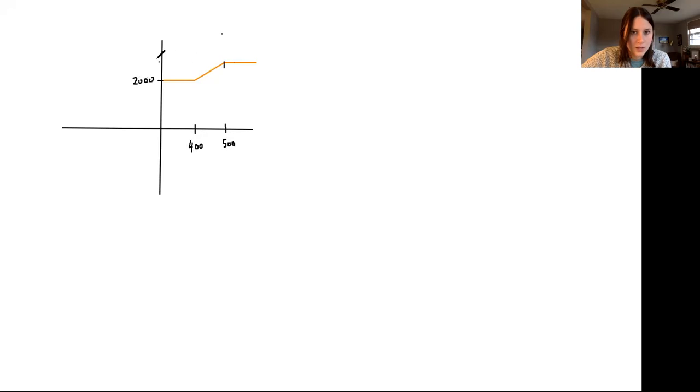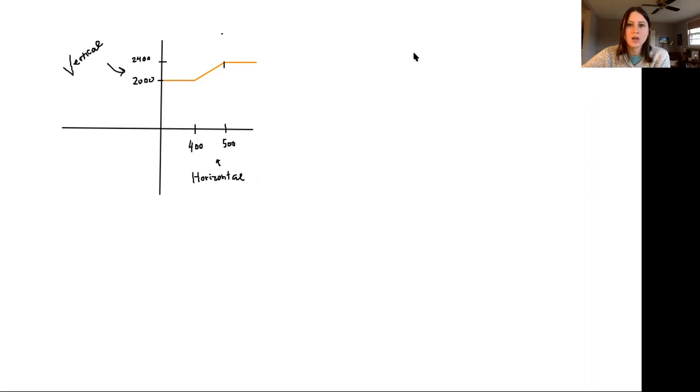And then the very top of this line here is at 2,400. This is the vertical position. This is the horizontal position. Your X represents the horizontal and the Y represents the vertical, right?